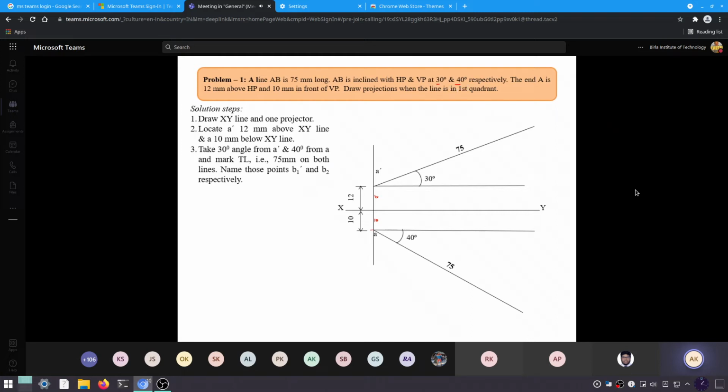What are these two angles? Theta will be drawn above XY, and phi will be drawn over here. Right?